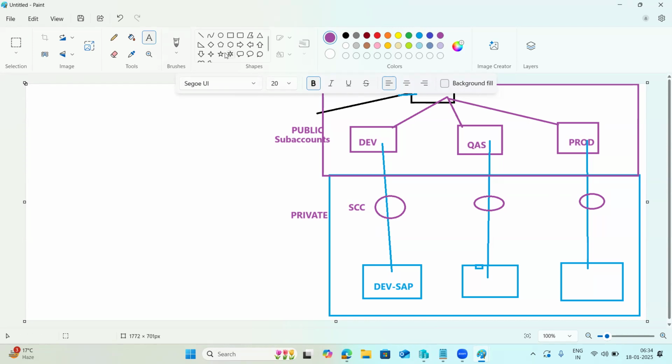Then we have to register your sub account into the cloud connector. Backend SAP systems also we can register into the cloud connector. Then the connection will be established to the backend system.